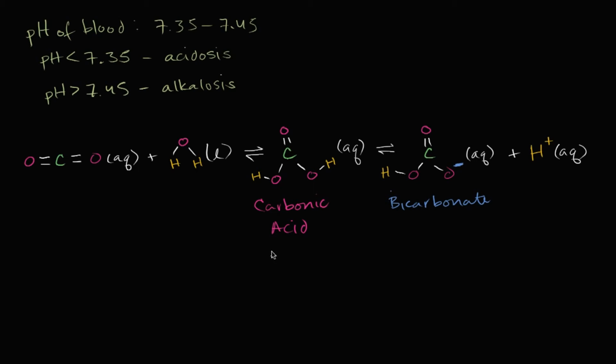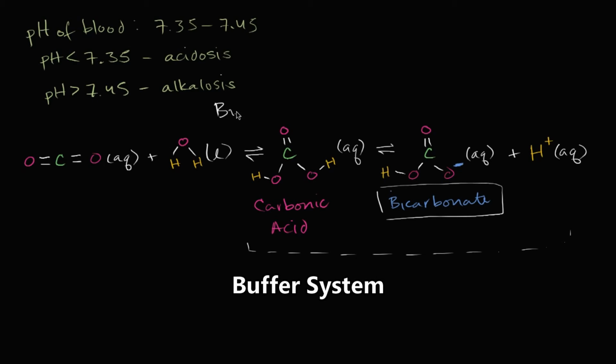In fact, in your blood, most of the carbon dioxide in your blood is actually in this form right over here. But the topic of this video is why this is also useful for maintaining our blood pH in this range. Because these equilibrium reactions between carbon dioxide, carbonic acid, and bicarbonate, this is a buffer system.